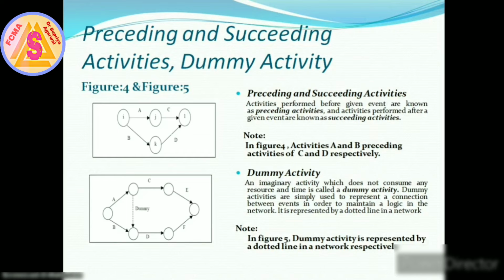This problem may be solved by using a dummy arrow. In figure 5, activities A and B have the same beginning and end points, so we introduce a dummy activity to maintain the logic of the network diagram. It is represented by a dashed arrow.